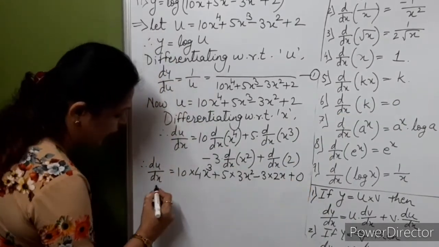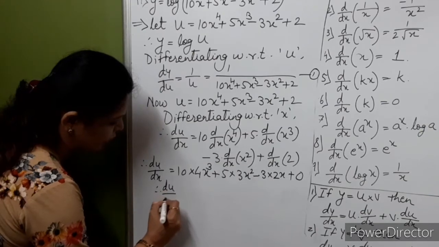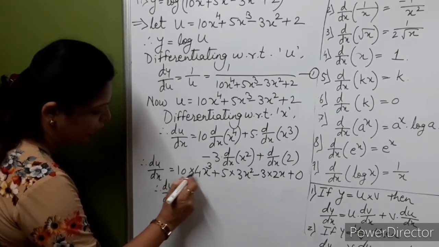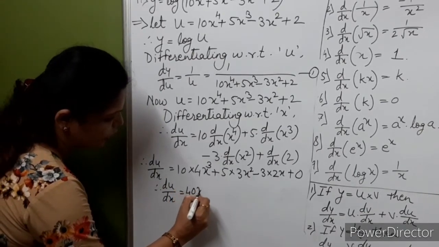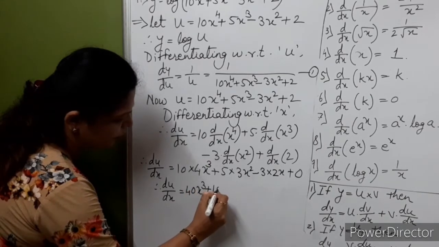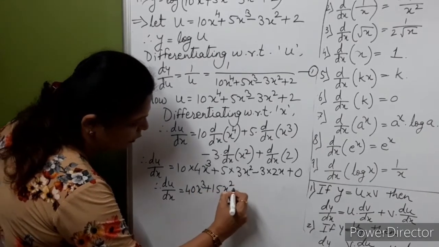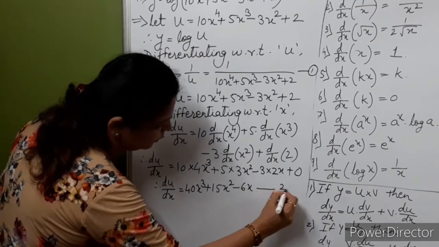Correct? So we get du by dx is equal to 10 into 4, 40x cube plus 15x square minus 6x.